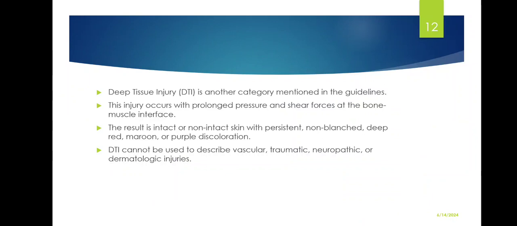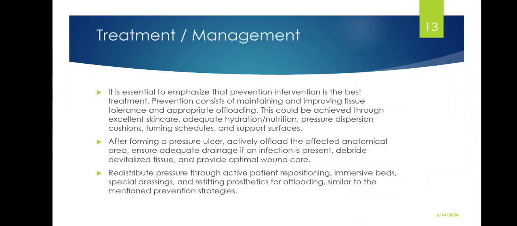This is whereby the injury occurs with prolonged pressure and shear forces at the bone muscle interface. The result is intact or non-intact skin with persistent, non-blanched, deep red, maroon or purple discoloration. Deep tissue injury cannot be used to describe vascular, traumatic, neuropathic or dermatologic injuries.